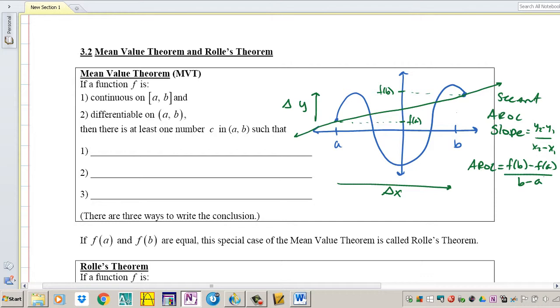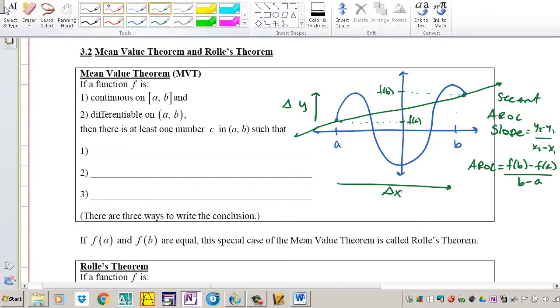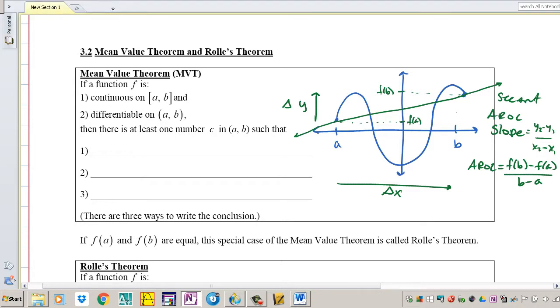And the answer to that question is yes, there is at least one instance. In this case, we have maybe a point here, C1, at which the slope, well, I drew it kind of off, but at which the slope is equal to the slope of this line here.